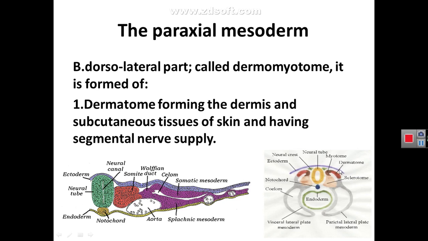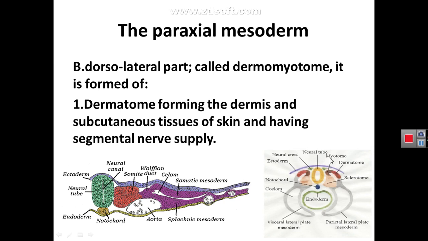Each dermatome of each somite receives a spinal nerve from the adjacent part of the spinal cord, which is derived from the neural tube. And that's why, because this part is supplied from one spinal nerve, in anatomy, the dermis derived from this dermatome in a region of skin is supplied by a single spinal nerve. So this is the first part of the dermomyotome, that is the dermatome.